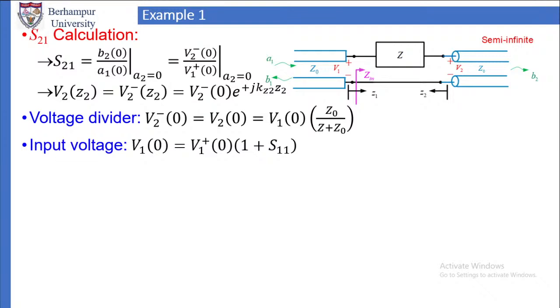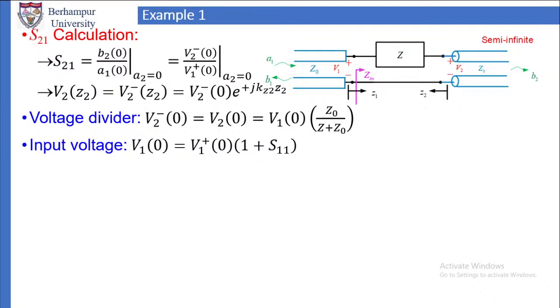Now if I take V1 plus common, then V1 plus whole into 1 plus V1 minus by V1 plus. V1 minus by V1 plus is S11, the reflection coefficient gamma. Therefore input voltage V1 is V1 plus whole into 1 plus S11.